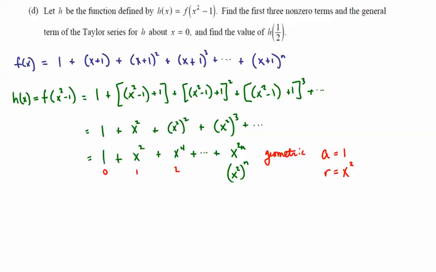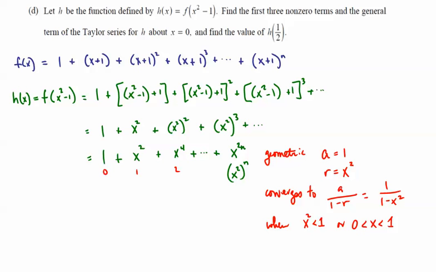So from this, if we're trying to find the value of h of 1/2, this converges to a over 1 minus r, which is 1 over 1 minus x squared, when x squared is less than 1, or x is between 0 and 1, since x squared can't be negative.